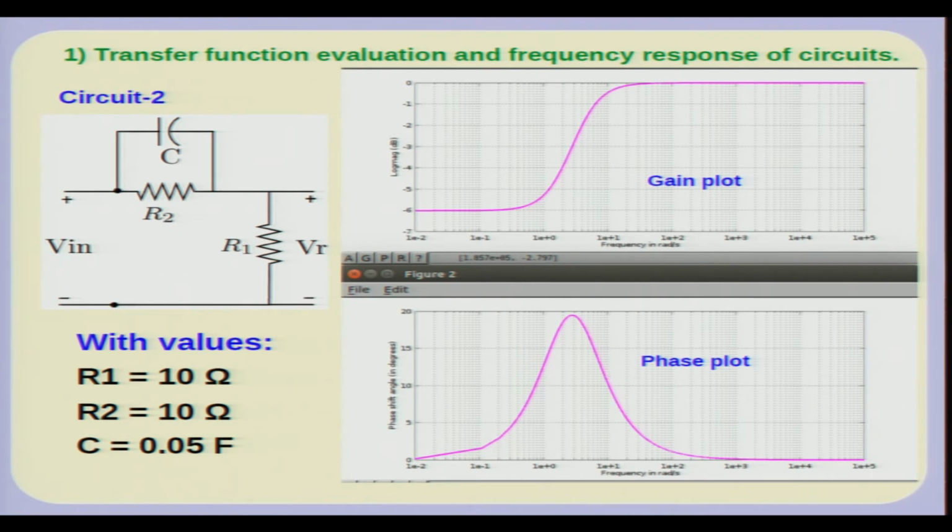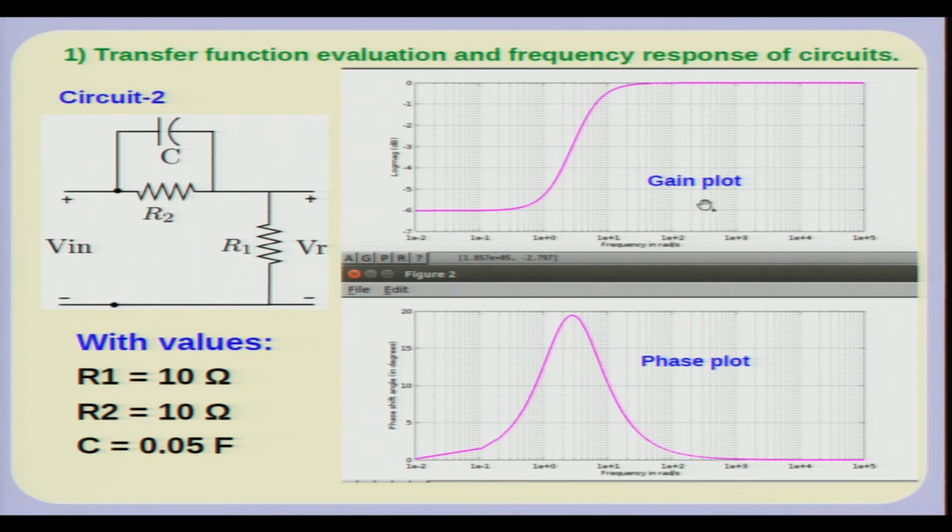It has a gain that depends on the value of R1, and it is half at low frequencies, which of course has to be converted to decibel, and it has a high frequency gain of 1. So it actually becomes 0 decibel at high frequencies, I am sorry. So what you get is a lead transfer function.